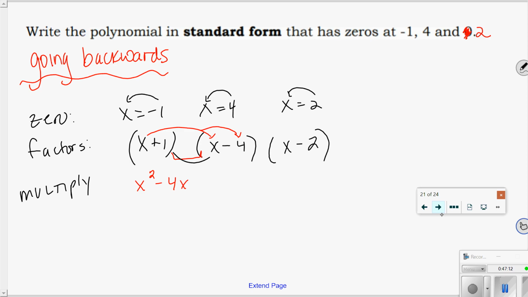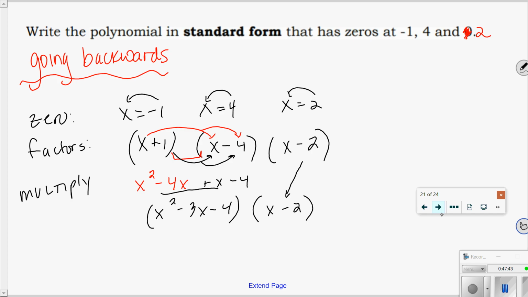If I take the 1 and multiply it to both parts, I get plus x minus 4. I simplify that, and these two come together as -3x. So I FOILed those two parentheses. Now I need to finish it out by multiplying by x minus 2.